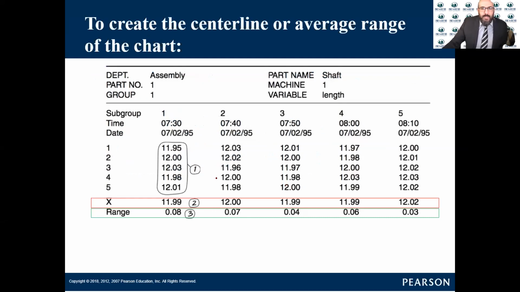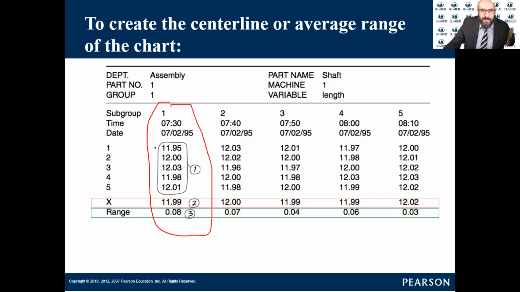All right, let's take a look at this one here. We have 5 observations for each of these 5 samples. This is sample number 1, which happened at 7:30 on this date.